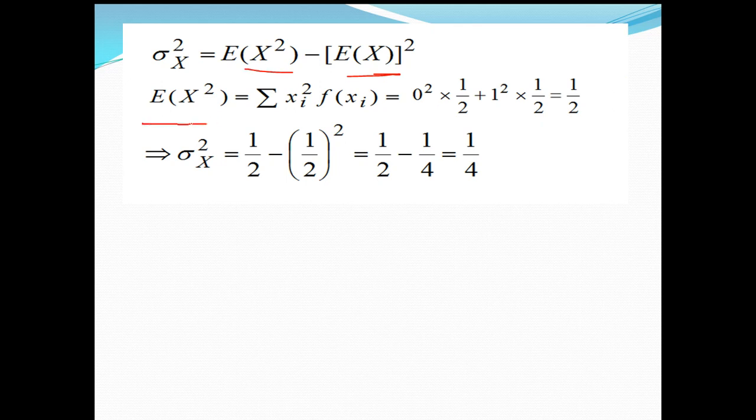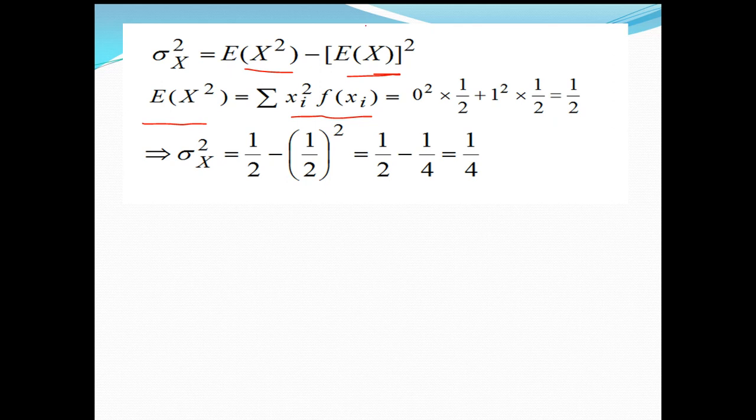To find E of x square, we use the formula we used in the previous problem: summation xi square into f of xi. In the x distribution, take the square and multiply with f of xi. That is x1 square into f of x1 plus x2 square into f of x2. That is 0 square into 1 by 2 plus 1 square into 1 by 2, which is equal to 1 by 2.